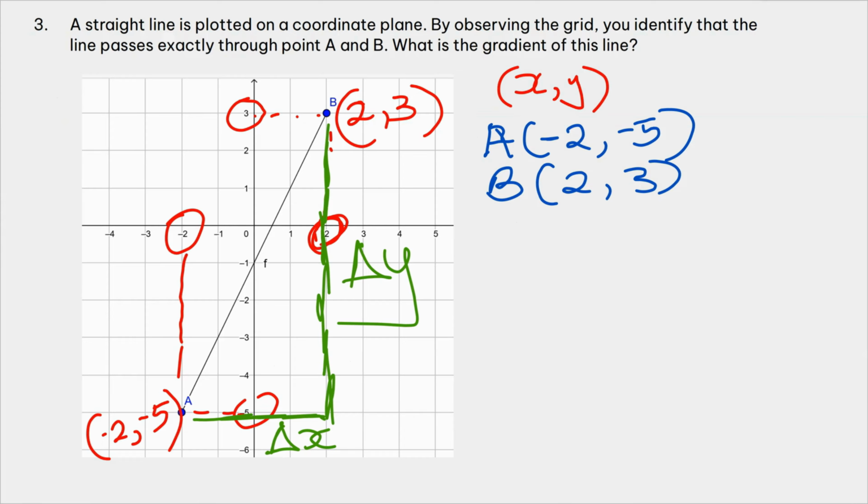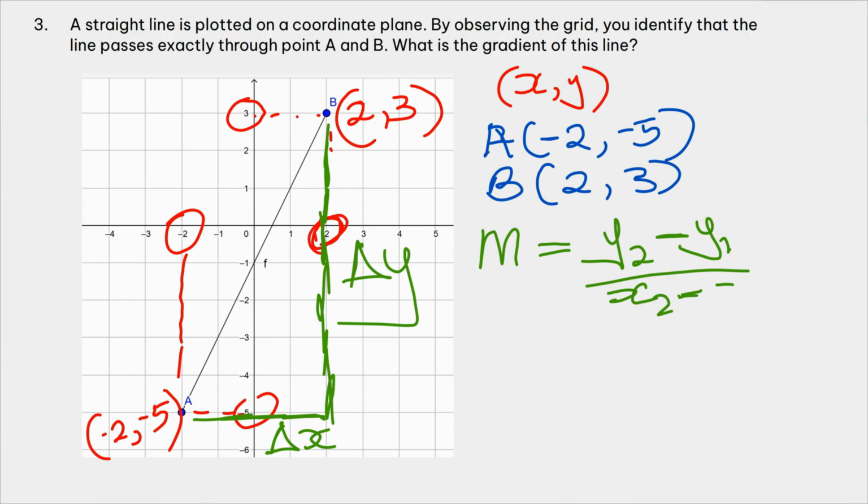So our gradient will be y2 minus y1 all over x2 minus x1. What is y2? For y2 we have negative 5 minus 3.